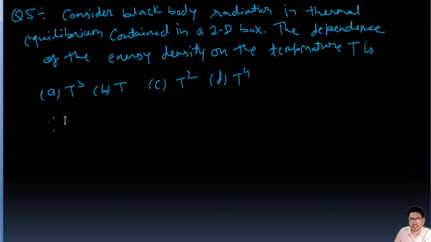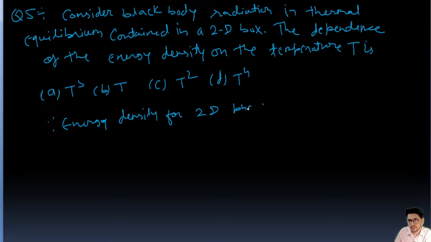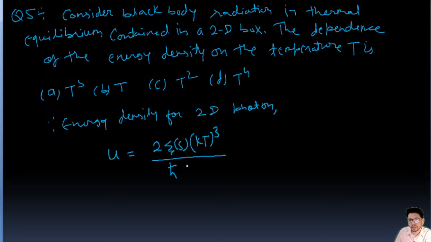So there's a formula: energy density for 2D photon, U equal to 2 zeta of S, (KBT) cubed upon h cut c square pi, where K is the Boltzmann constant.